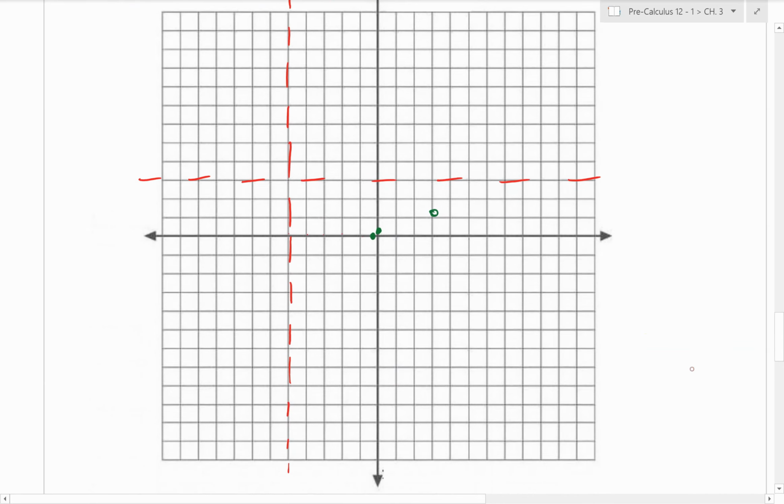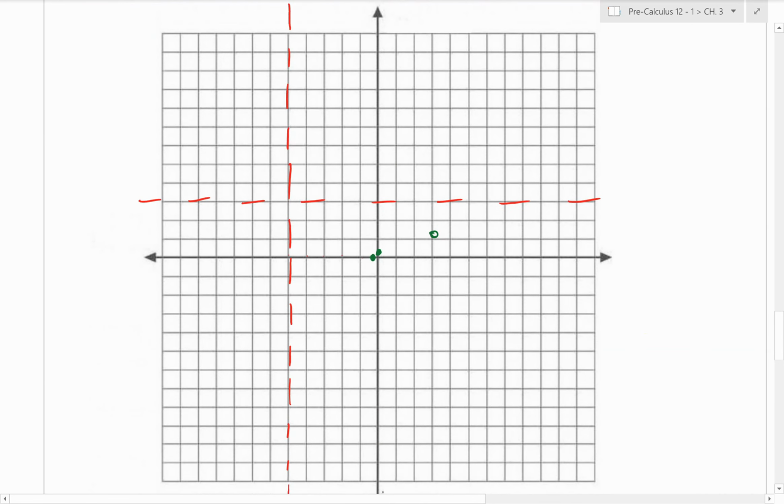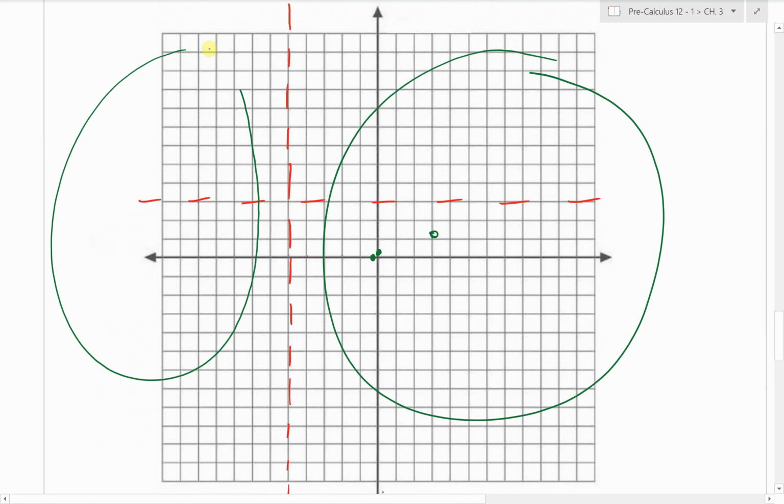Okay, so now notice we do have a vertical asymptote in this case. What happens with a vertical asymptote is it splits the graph, because we only have one vertical asymptote, into 2 pieces, right? We have one part over here, and we have one part over here.